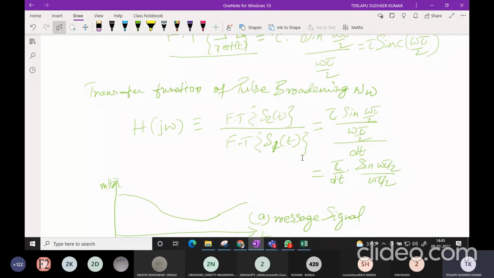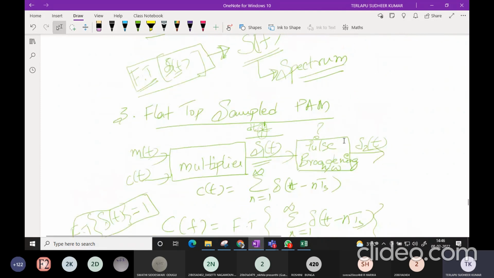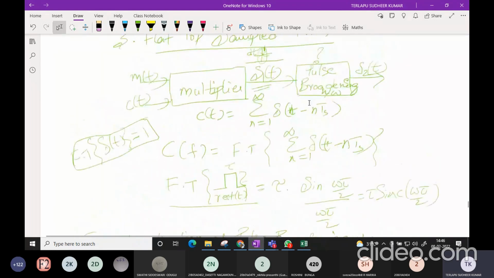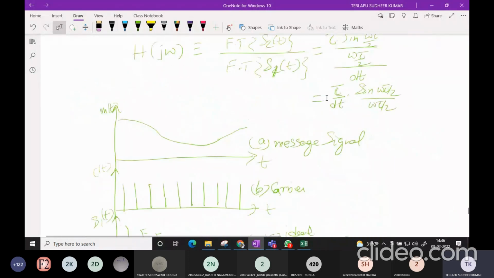The height of the impulse is 1 and the width is dt, so dt into 1 is the Fourier transform of S1 of t. So tau by dt into sin(omega tau by 2) divided by (omega tau by 2) is the transfer function of this pulse broadening network, and we get the H of j omega for this.